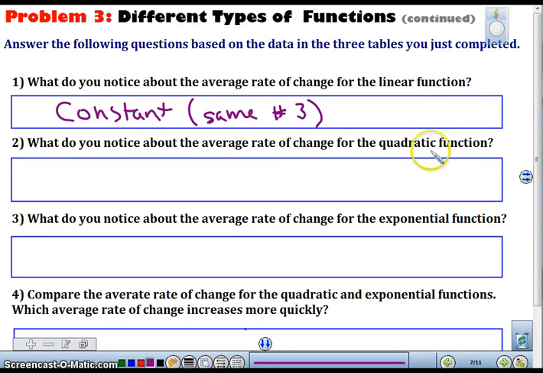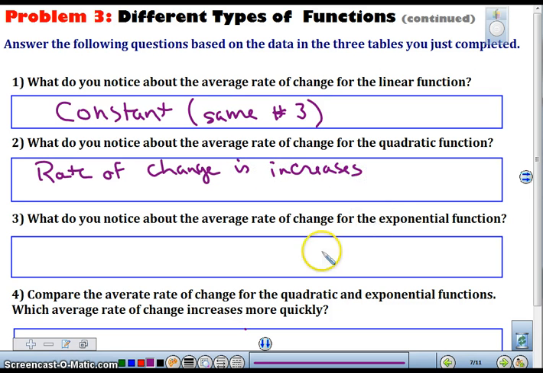What do you notice about the quadratic, the second one? If we are looking at that, the rate of change increases, so our rate of change is actually increasing. I'm going to have you pause the video after they're written down. That rate of change is increasing by the same amount each time. It goes up by 6.